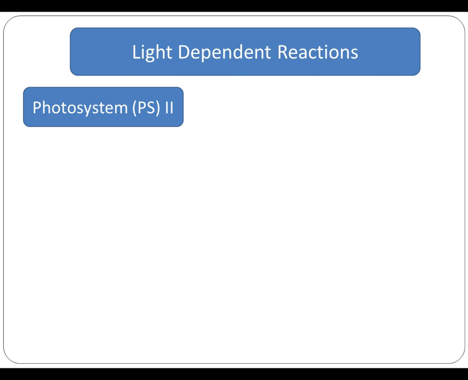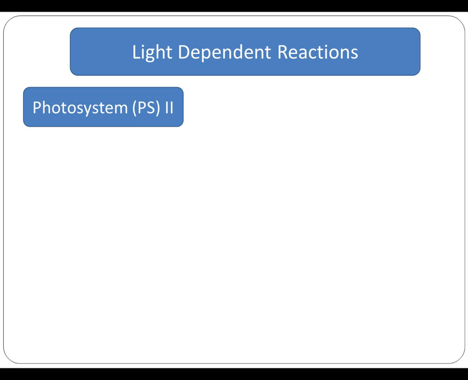Okay. Here's another spot where you can get confused, so I want to point it out to you. The reactions of the light-dependent reactions are called photosystem 2 and photosystem 1. Those are the different types of reaction centers. Logic tells us 1 happens before 2, right?